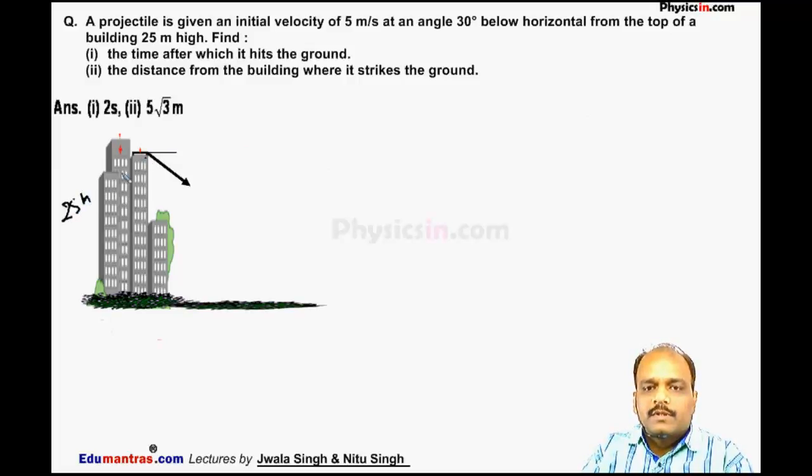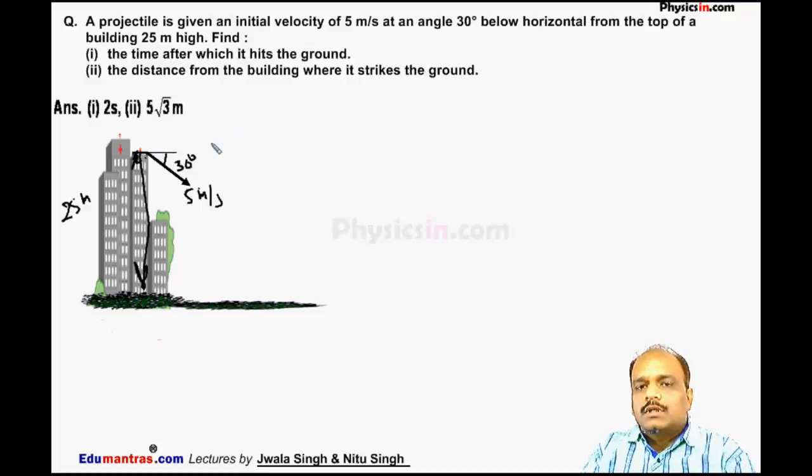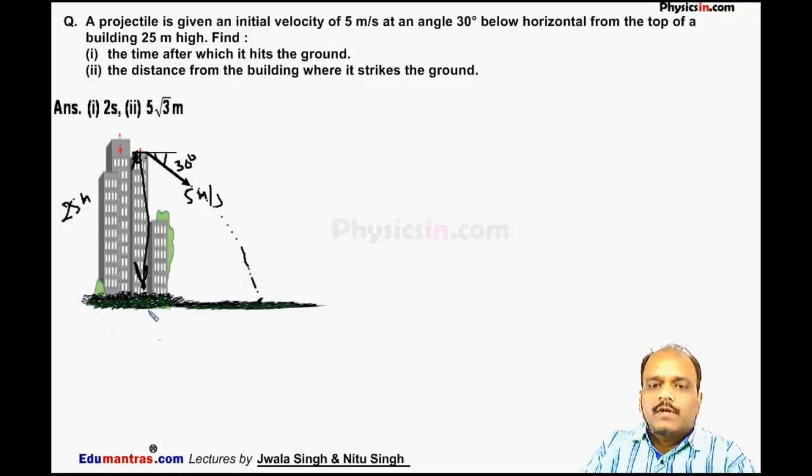The ball is projected with 5 meter per second at an angle of 30 degree in downward direction. The ball moves like this and strikes somewhere here. So we have to calculate the time of flight.